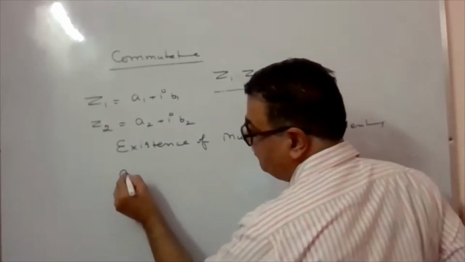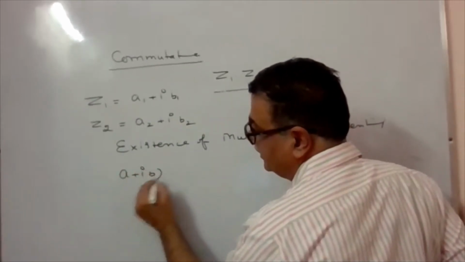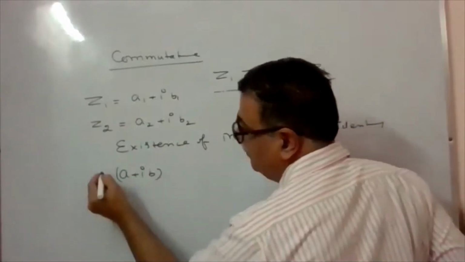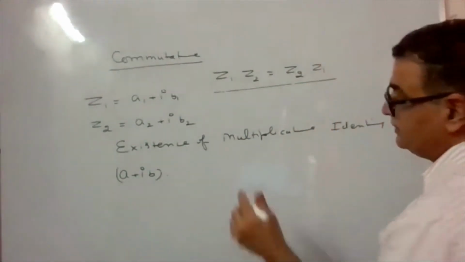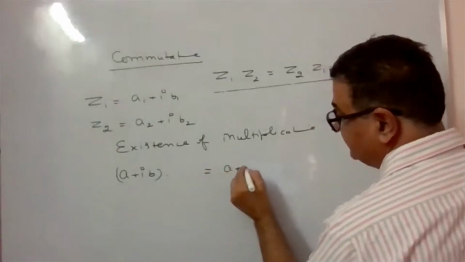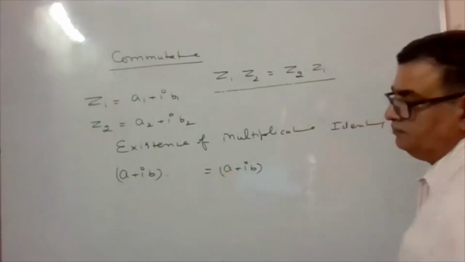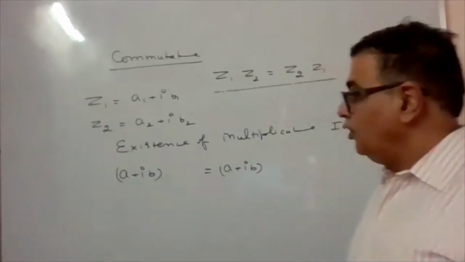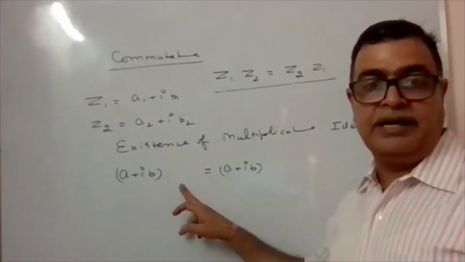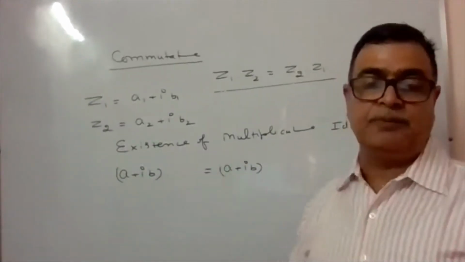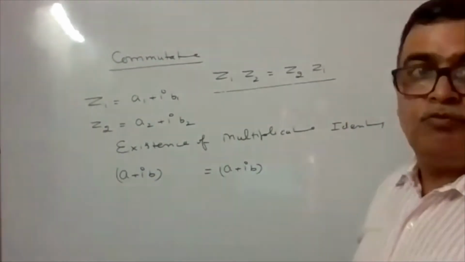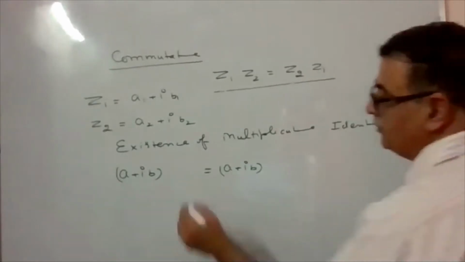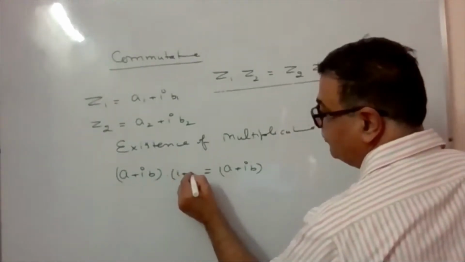If you have a plus iota b, my question is what I should multiply so that the result remains the same as a plus iota b. What complex number should I multiply here? Sir, 1 plus 0 iota. Yes, it will be 1 plus 0 iota we will multiply.